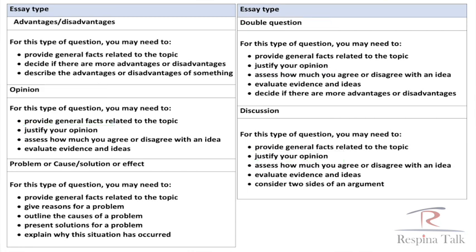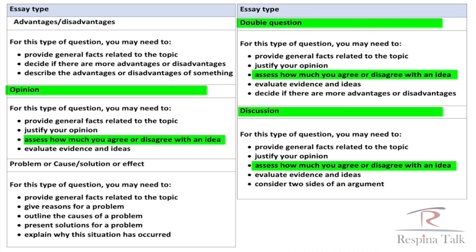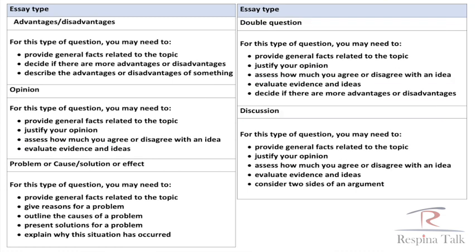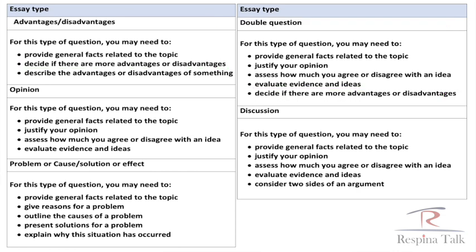You may also be asked to evaluate evidence and ideas, assess how much you agree or disagree with an idea, or decide if there are more advantages or disadvantages. You may simply be asked to explain why this situation has occurred.